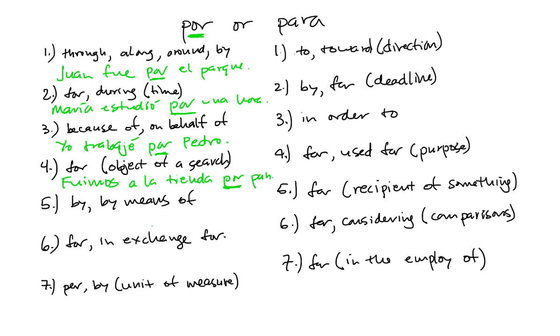By means of, or by. Okay, hablamos por teléfono. We spoke by means of, by way of the phone. This could also be used sometimes for modes of transportation. Fuimos por tren.